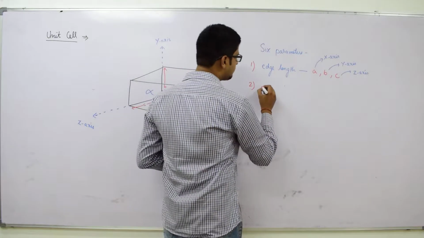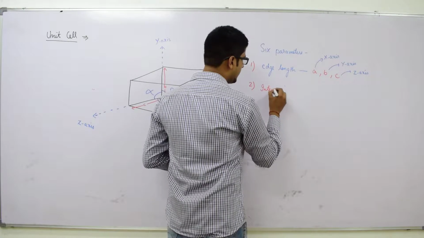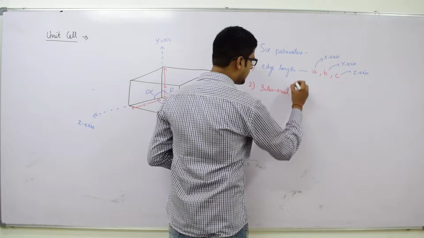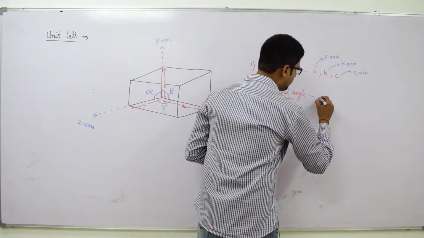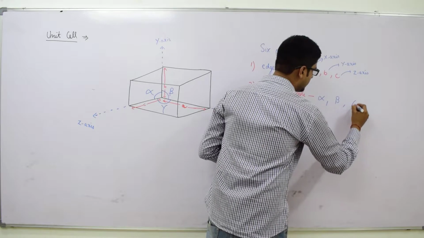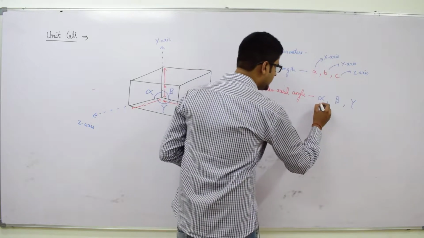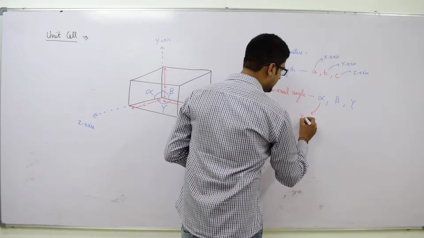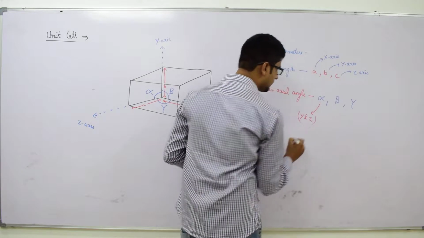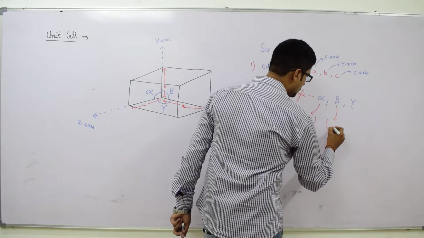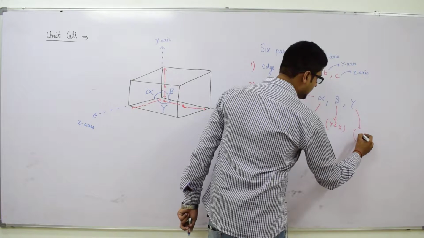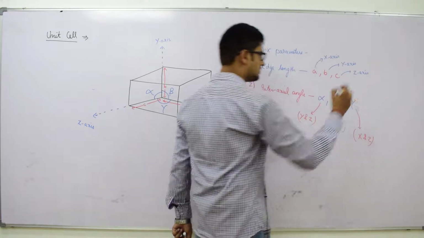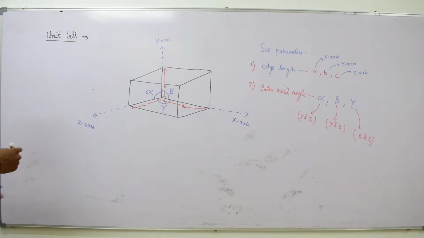And we have 3 interaxial angles, alpha, beta and gamma. Alpha is between the y and z axes, beta is between the y and x axes, and gamma is between the x and z axes. These are the 6 parameters which we derive on the basis of this arrangement.